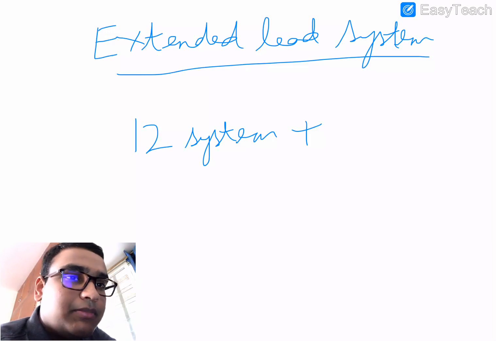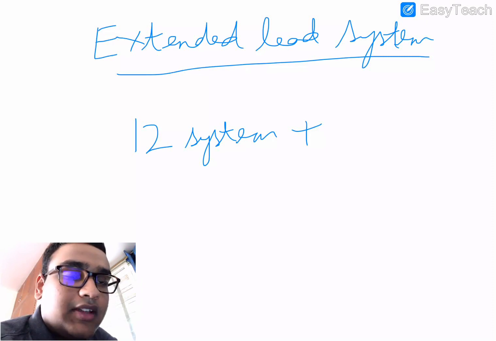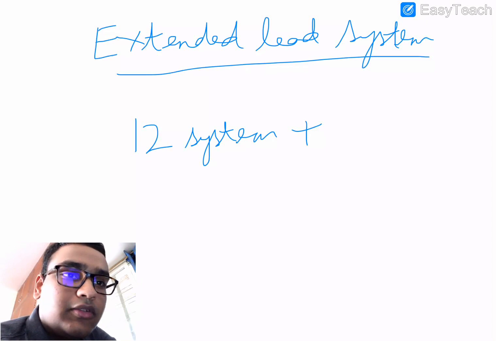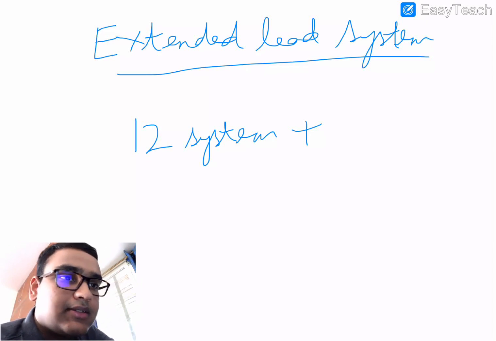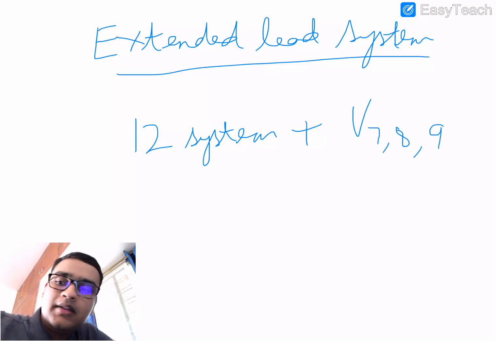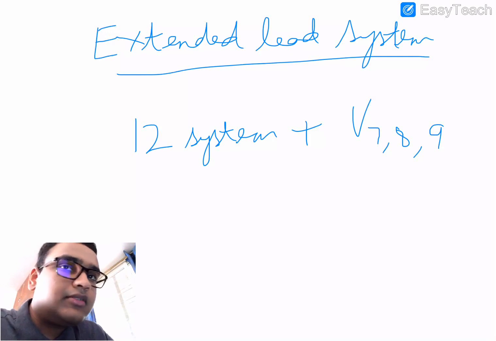This could be important to localize lesions in myocardial infarction, for example a posterior lateral infarct, which can be known by this extended lead system, plus 3 other leads, which would be 7, 8 and 9. Now we'll come to the calculation of electrical axis in some time.